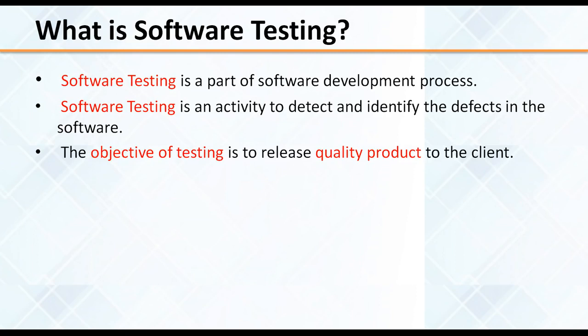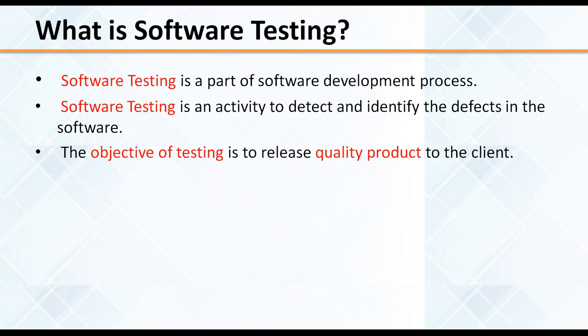Any product, if you want to develop it, we need to go through a certain process. Any company, not only an IT company, it can be a medical company or financial company, any industry, if they want to produce a certain output, they should follow a certain process.